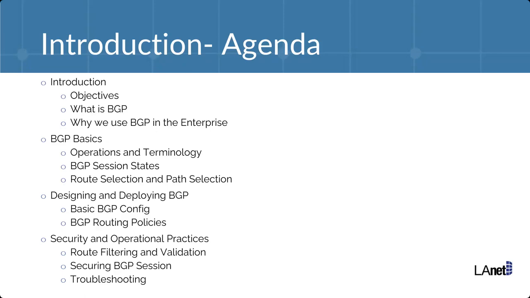The flexibility with policies. And then we'll wrap up with filtering, validation, securing, and troubleshooting BGP. Okay. And as I mentioned, if you do have any questions, please just either raise your hand or put them directly into chat and we'll get them taken care of.